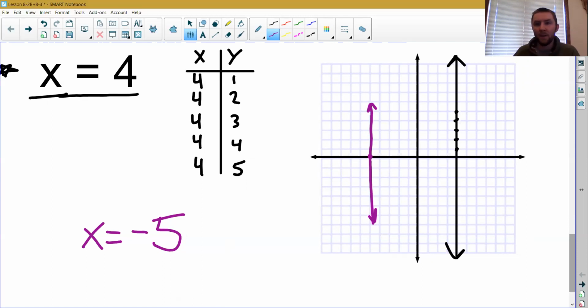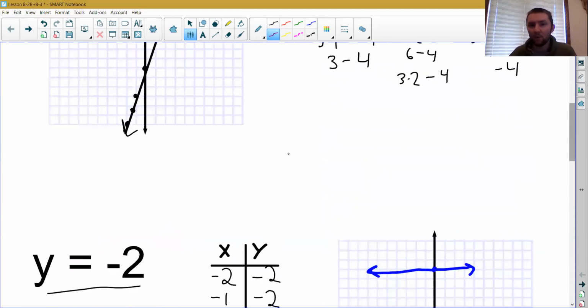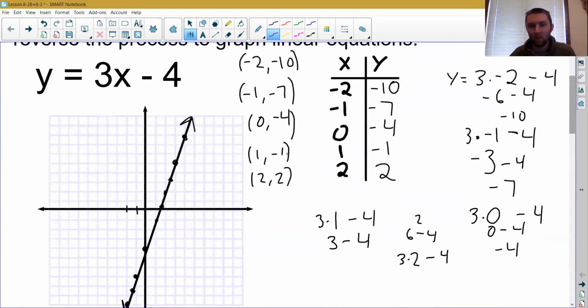So the equations that only have one variable in them, when we plot them in a coordinate grid, it's either a vertical line if it's x equals or a horizontal line if it's y equals. Okay, the equations that still have those two variables in them, like this one, we have to do a little bit of math. We have to pick x values, plug them in, find the y values, those are our points, and we will plot those on our graph.